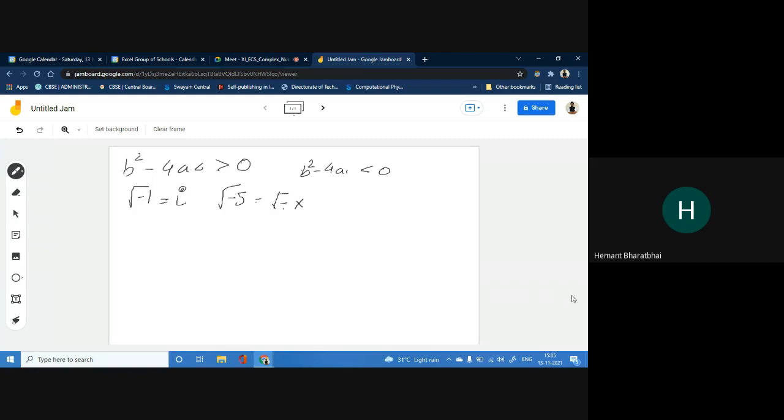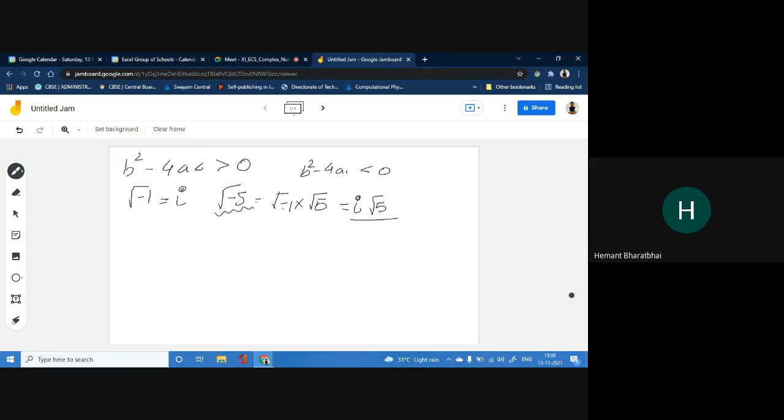That can be written as under root of -1 into root 5. This under root of -1 is nothing but i, so this becomes i times root 5.